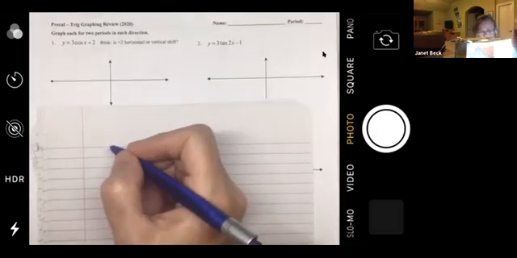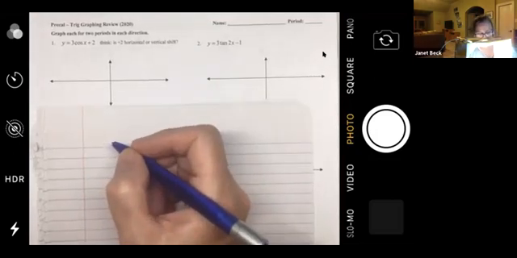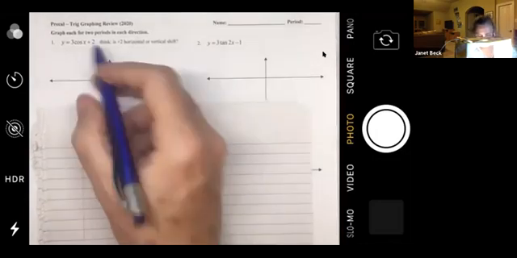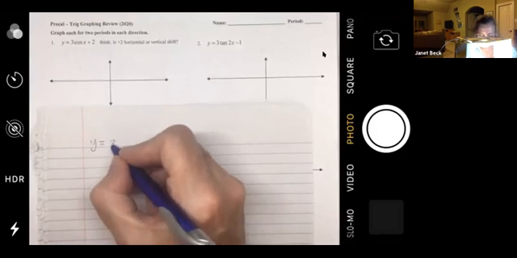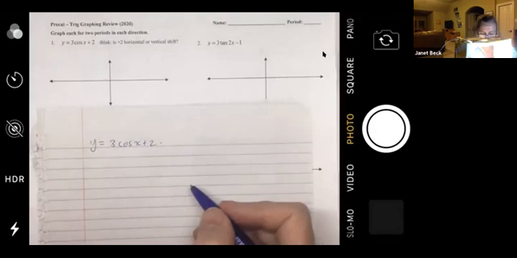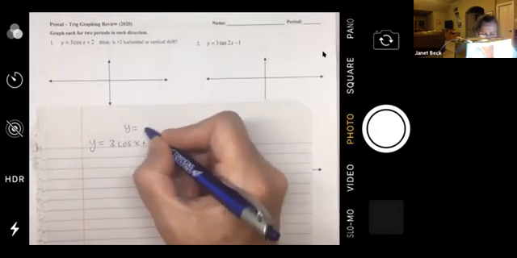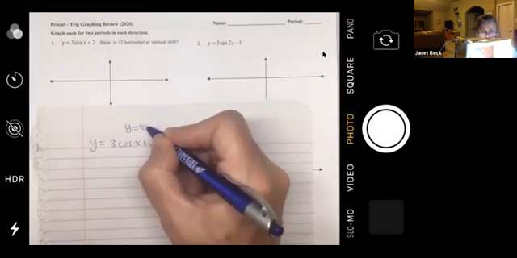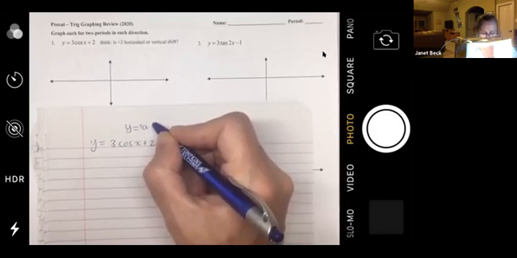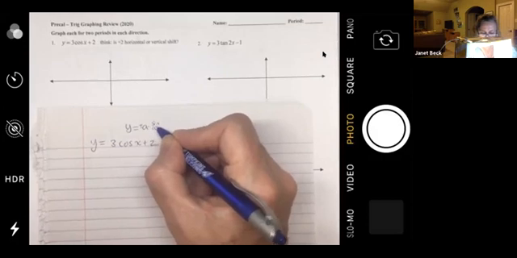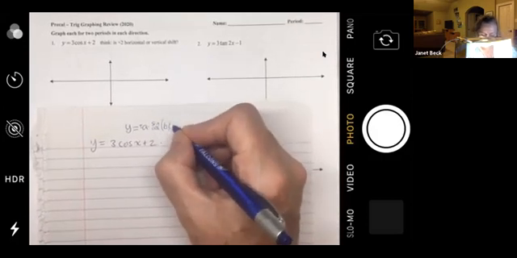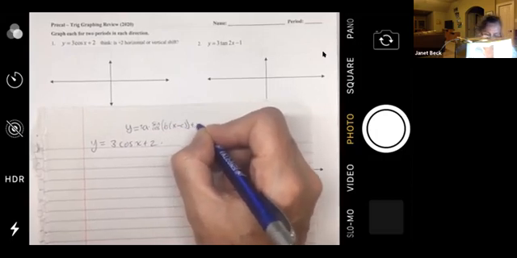Okay, so here's the review, Trig Graphing Review 2020. We're first of all going to graph, I'm going to do it on paper just so I've got more room in case I want to explain stuff. What we're looking at is plus or minus a times a function, sine, cos, tan, cosecant, secant, whatever, of b times x minus c, plus d.